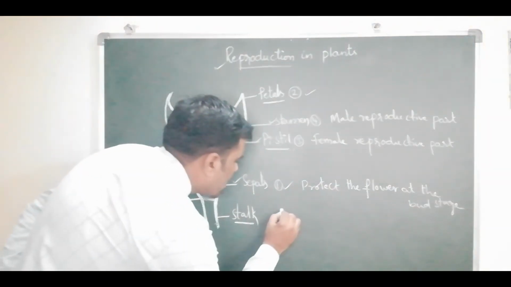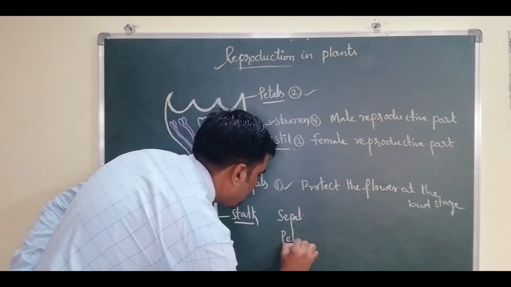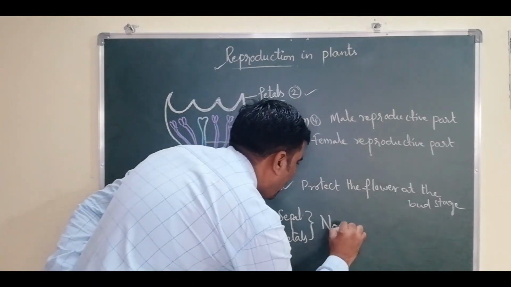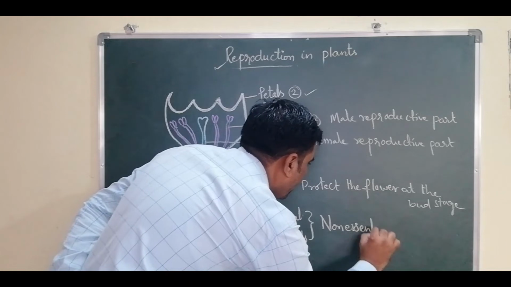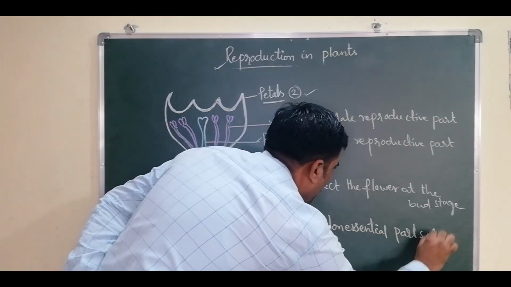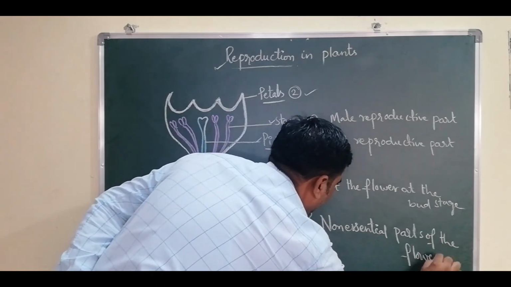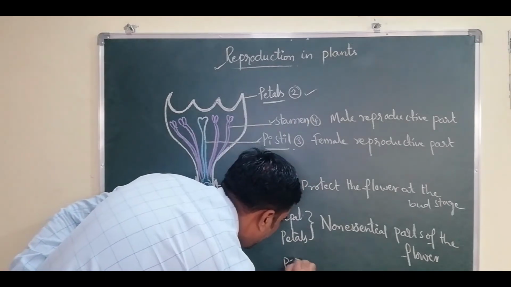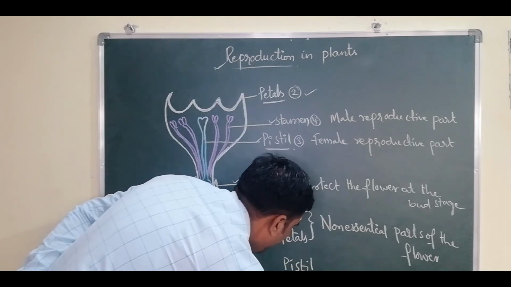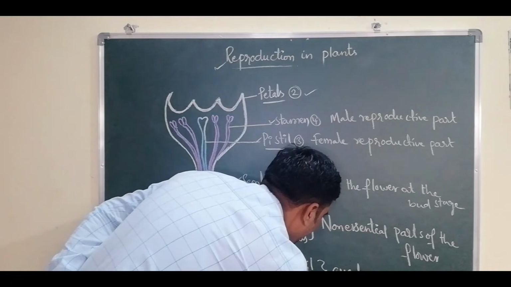These two parts, sepals and petals, are known as non-essential parts of the flower. The pistil and stamen are known as essential parts of the flower.